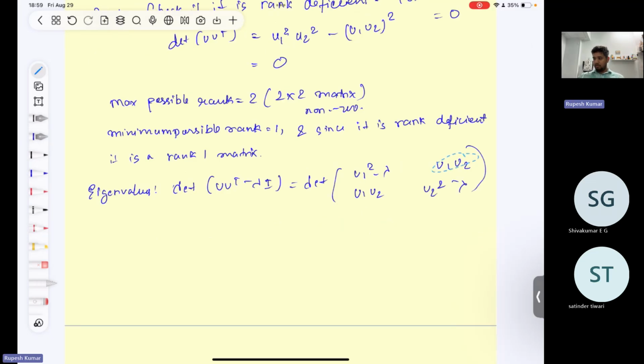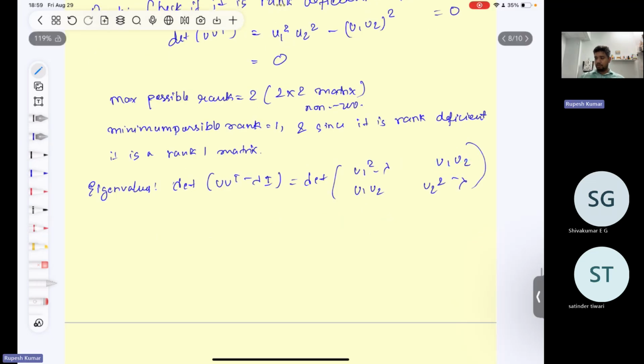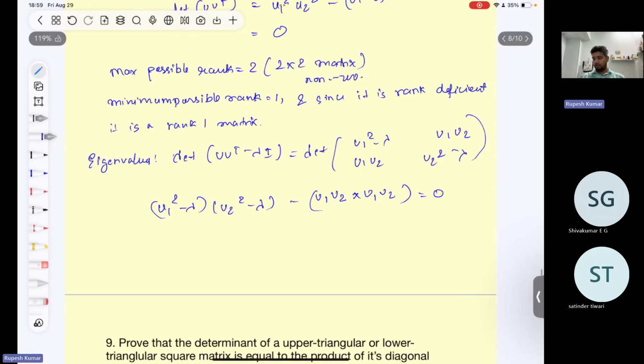So this equals u1 squared minus lambda multiplied by u2 squared minus lambda, minus u1 u2 into u1 u2. Now we want to find the roots of this equation, so equate it to 0 and find the value of lambda.